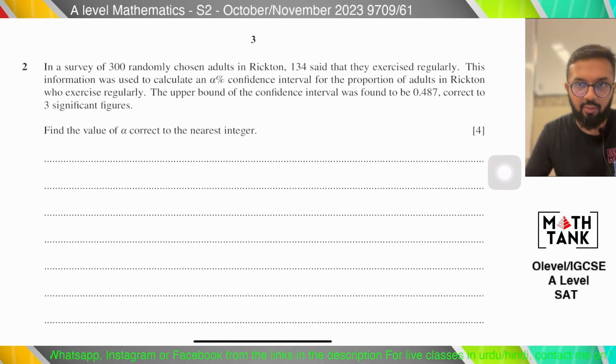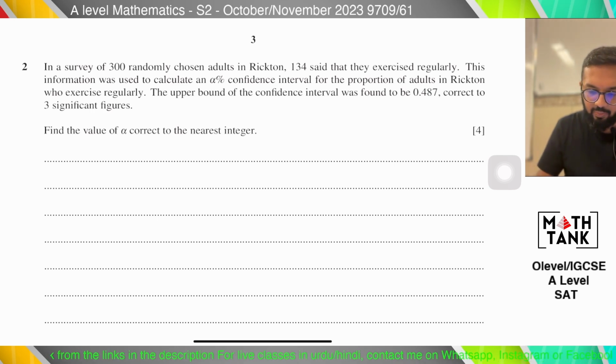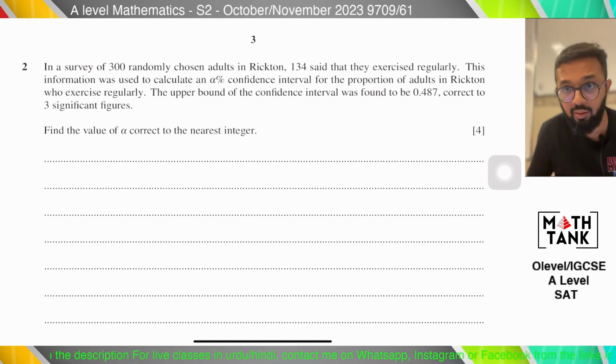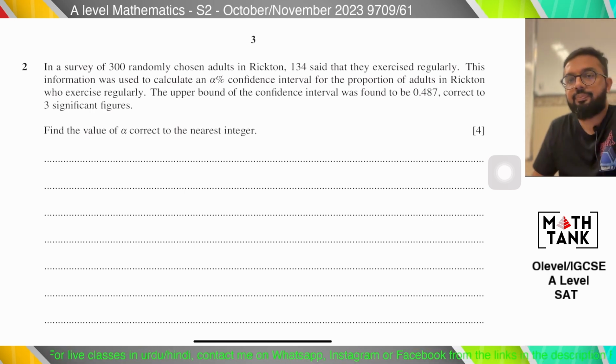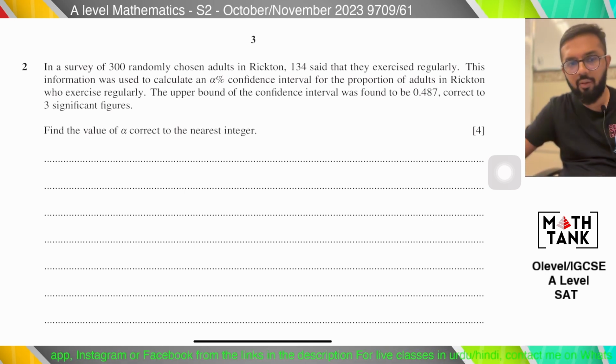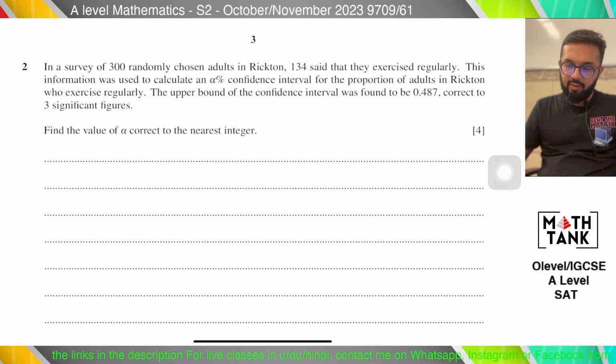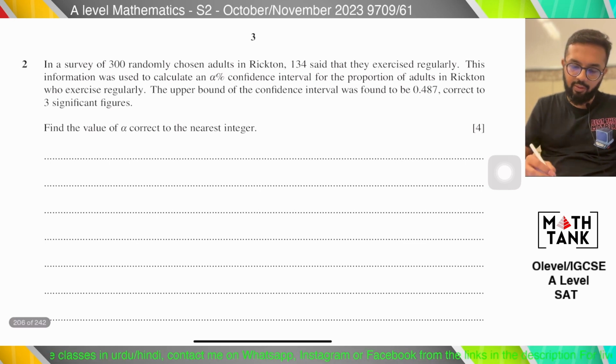Then question number 2 says in a survey of 300 randomly chosen adults in Rickton, 134 said that they exercised regularly, and this information was used to calculate an alpha percent confidence interval for the proportion of adults in Rickton who exercise regularly.